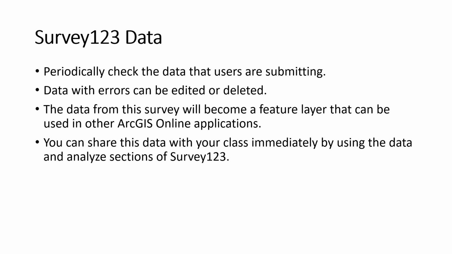You'll notice some interesting patterns. There are things that you might need to change or fix. Data with errors can be edited or deleted, which is really important. If they're slowly coming in and you can adjust one at a time, it's not so bad. But if you wait until after all 130 students submit something, it's going to be easiest to just delete anything that doesn't fit the norm.